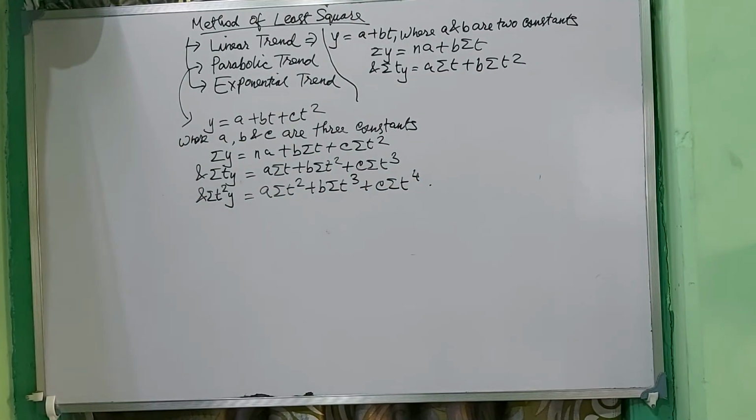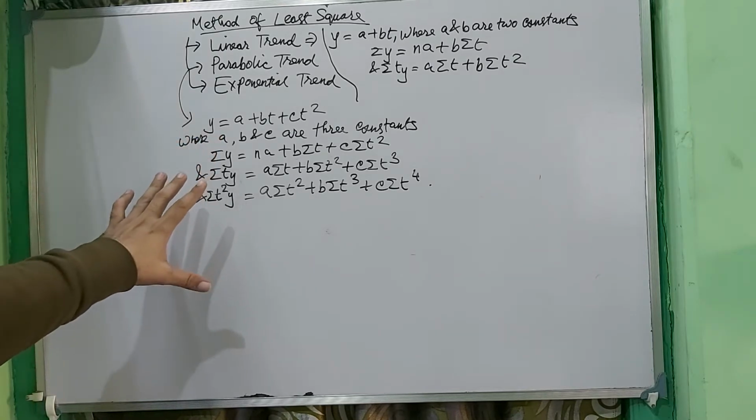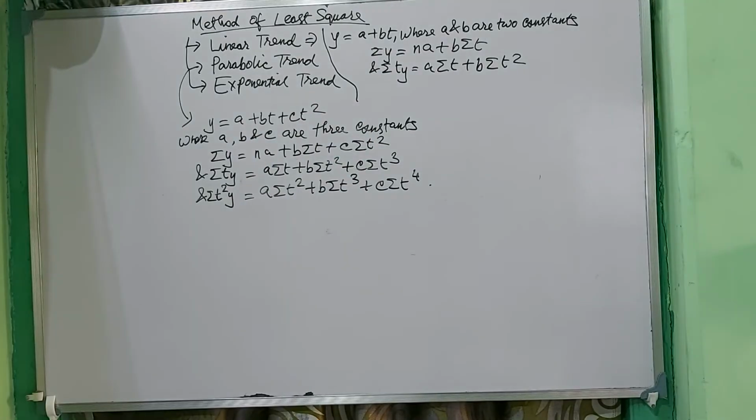This is the set of equations we need for the parabolic trend, and the earlier one is for the linear trend.